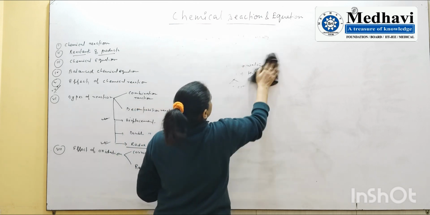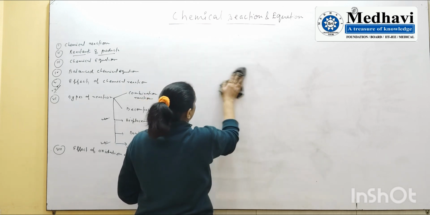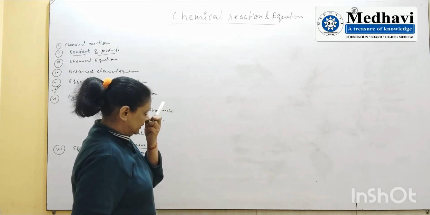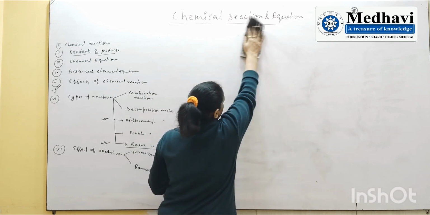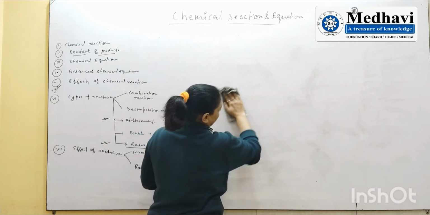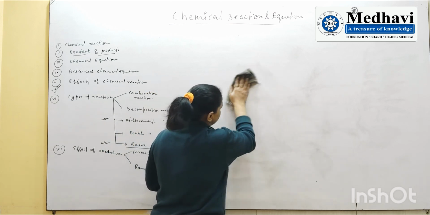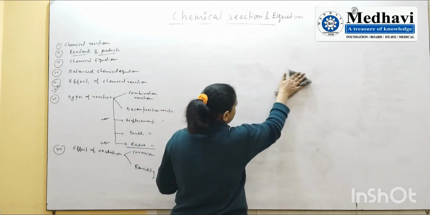Next is oxidation and reduction. It is also called a redox reaction. Very, very important. This reaction is going to be used in the chapter on organic compounds. Oxidation reaction is a very, very important reaction that we have to study, and many questions come from this part.